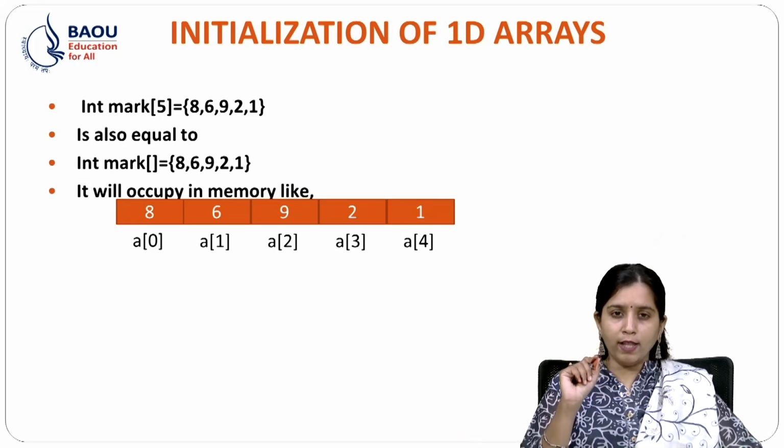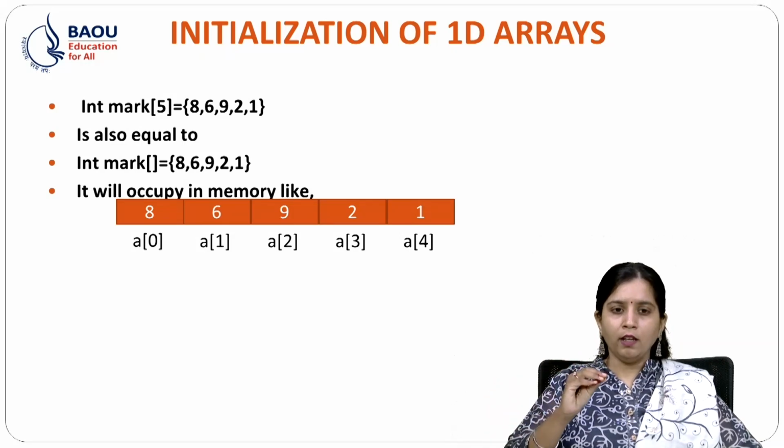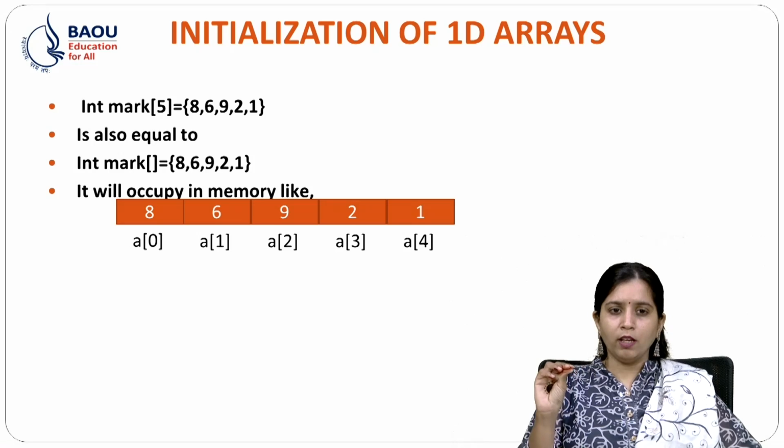Subscript always starts with 0 and cannot be negative. So when we look into the memory at position 0, the value of A[0] is 8. At A[1] we have the value 6. So likewise all the array elements will be shown in our memory.